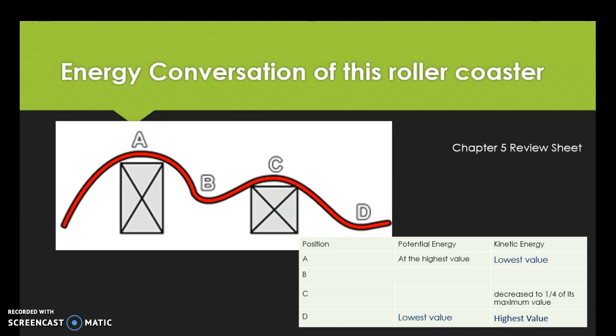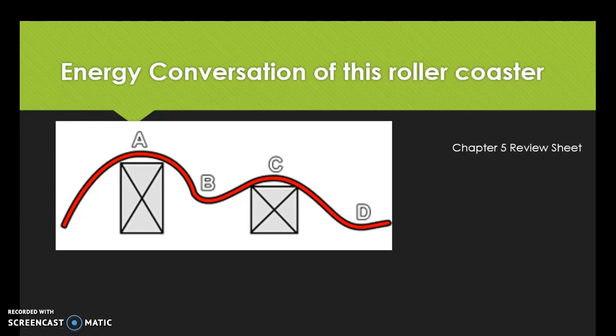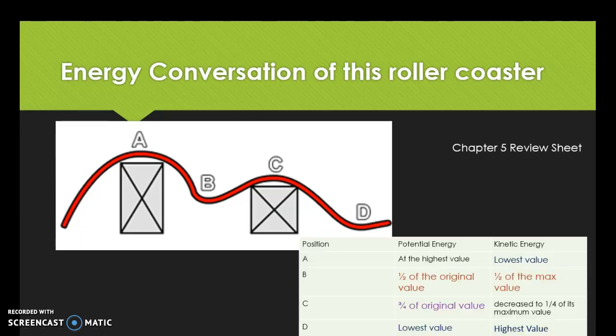So the potential energy should be at about 3/4 of its original value. And then we talked about the position B being halfway between A and D. So we should be able to complete this chart because we can use all of this relative information to help us out.